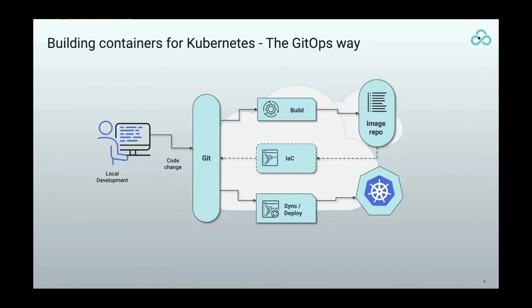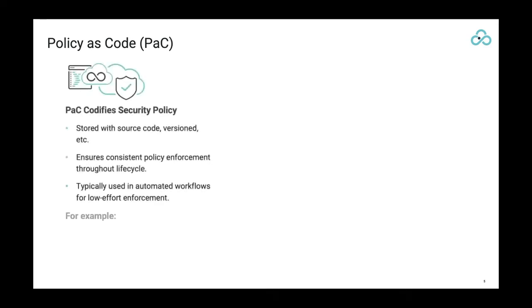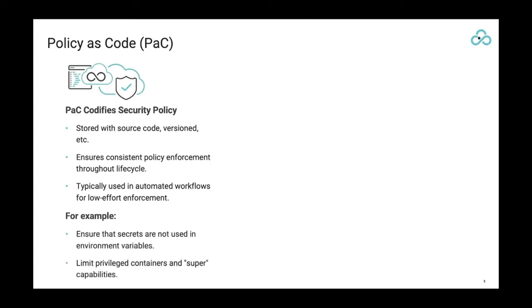So how do we make sure that everything that is being synced into your clusters is secure, or at least has been validated from a security point of view against certain policies? That's where policy as code comes in. Policy as code, what is that? It's basically both a strategy as well as a technology.